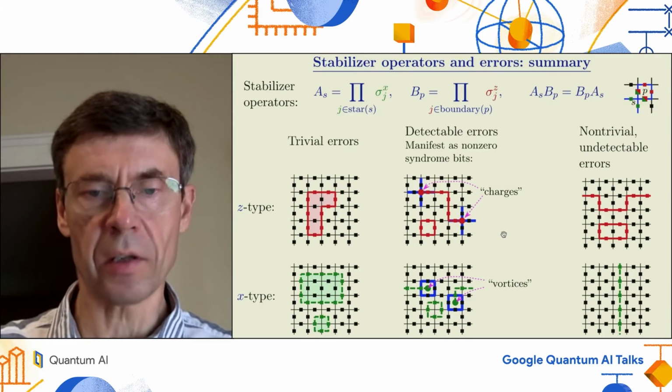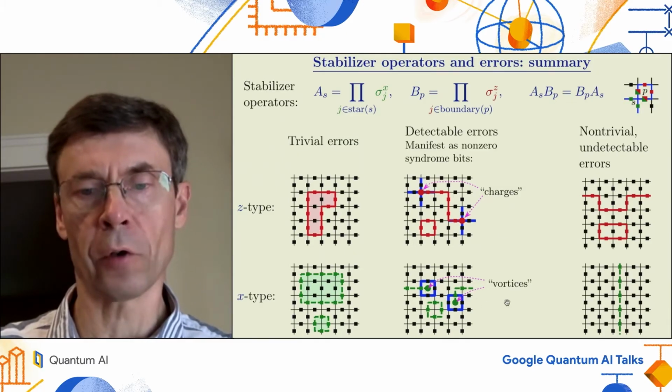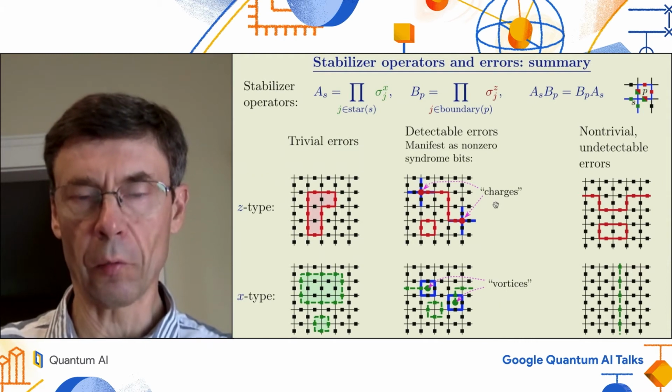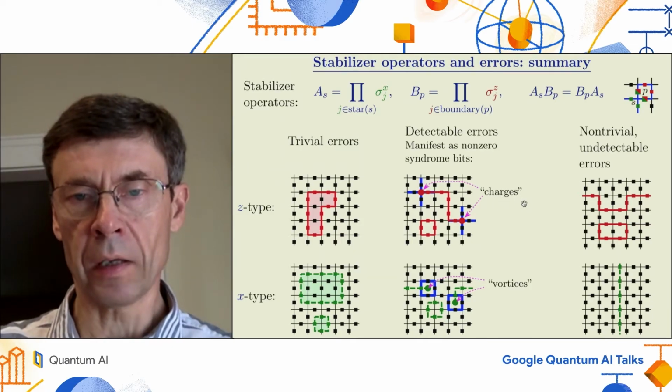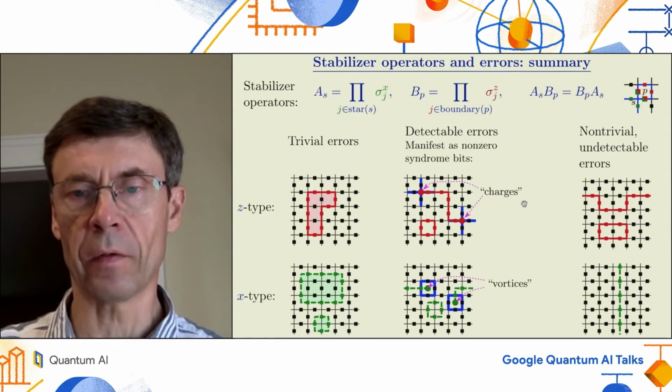Let me call them charges, and the other type of syndrome bits are called vortices. They're associated with the group Z2 and are somewhat analogous to electric charges and magnetic vortices in electrodynamics, which are associated with the group U1.